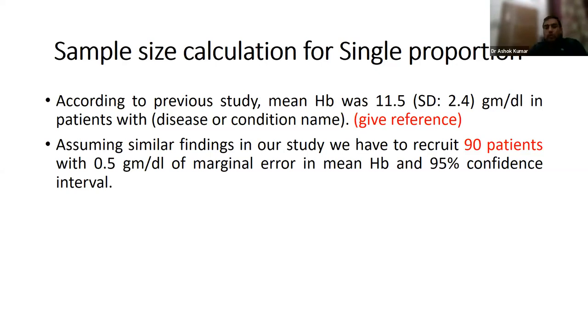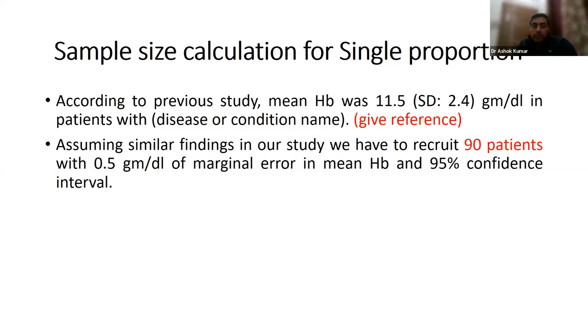It is the mean of HB, mean of any quantitative variable, mean of systolic BP, mean of sleep hour, mean of practice score, mean of knowledge score, but it's only a single group. You have to remember single group. Descriptive study or cross-sectional study, we can say.